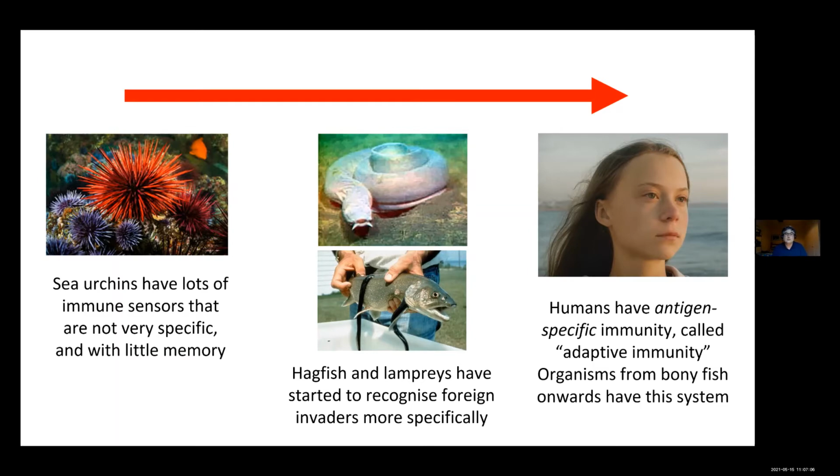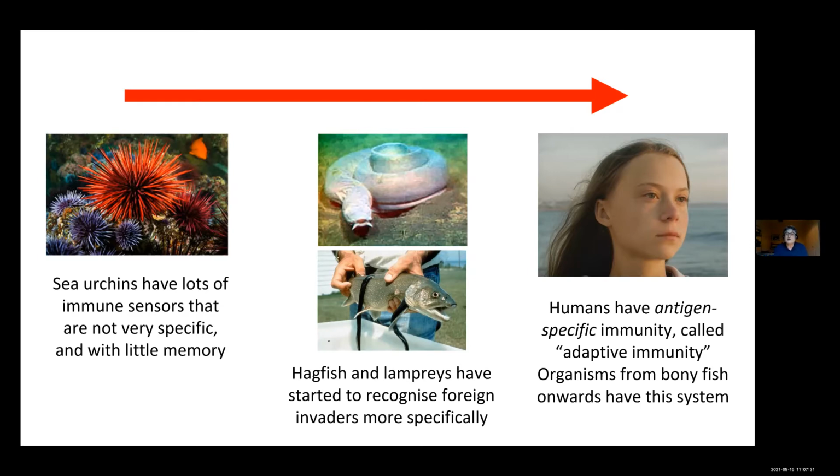These unusual things in the middle, I guess they're animals, are at the threshold of a lot of evolutionary change in many parts of the body, including the immune system. The one at the top is a hagfish, and the one at the bottom are lampreys attached to a fish. They're rather gross, really. But these have an immune system that has just started to recognize foreign invaders more specifically, but they don't produce antibodies.